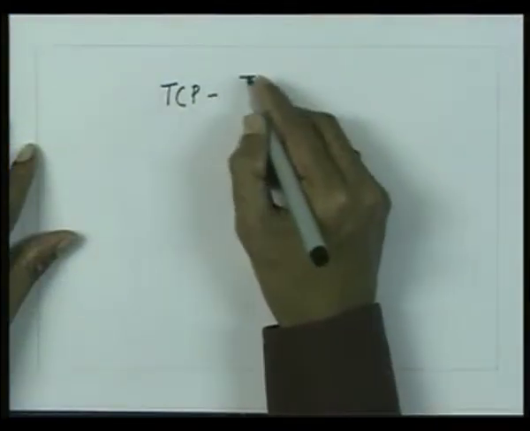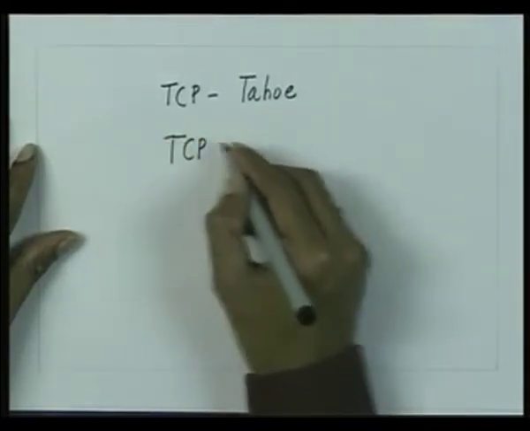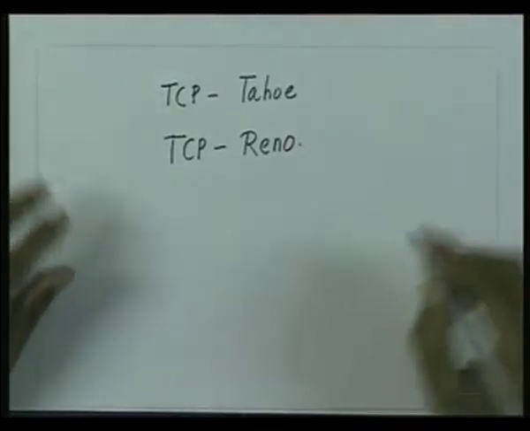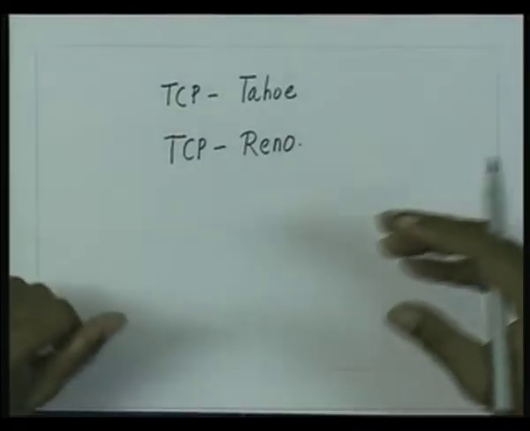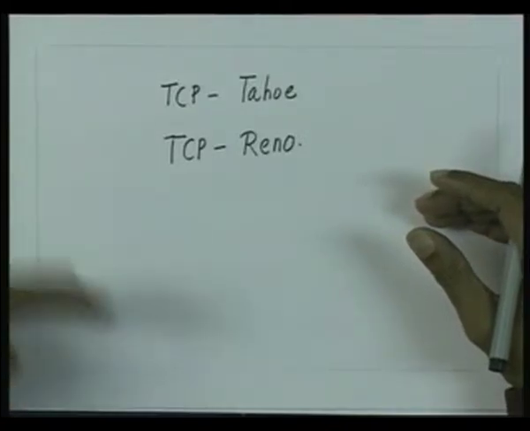So there are actually two versions: the TCP Tahoe, which implements the retransmission timeout mechanisms, and the TCP Reno, which implements fast retransmission and fast recovery.